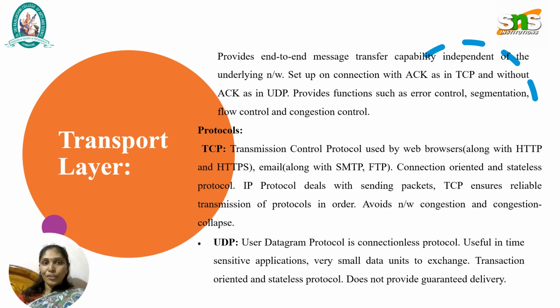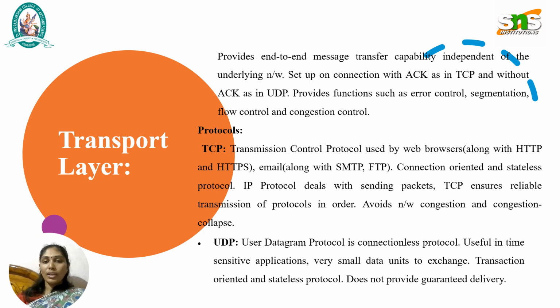Next one is UDP. UDP, User Datagram Protocol, is a connectionless protocol. Without the internet we can transfer the data from source to destination, with error control, flow control, segmenting the data packets and congestion control.